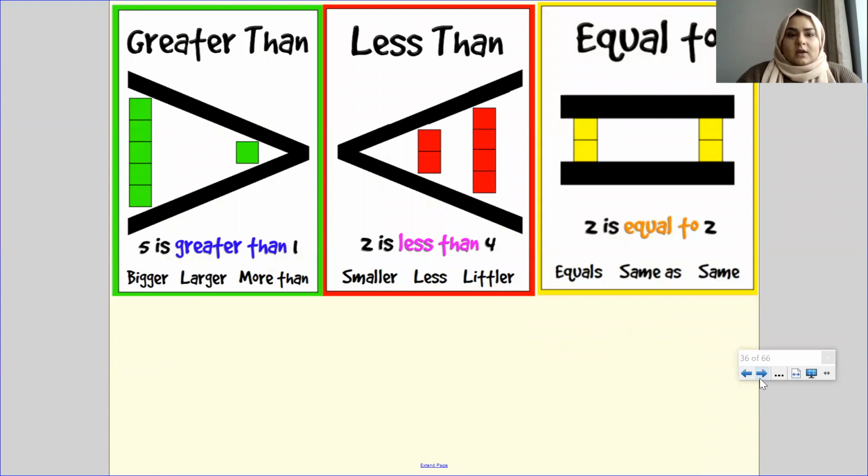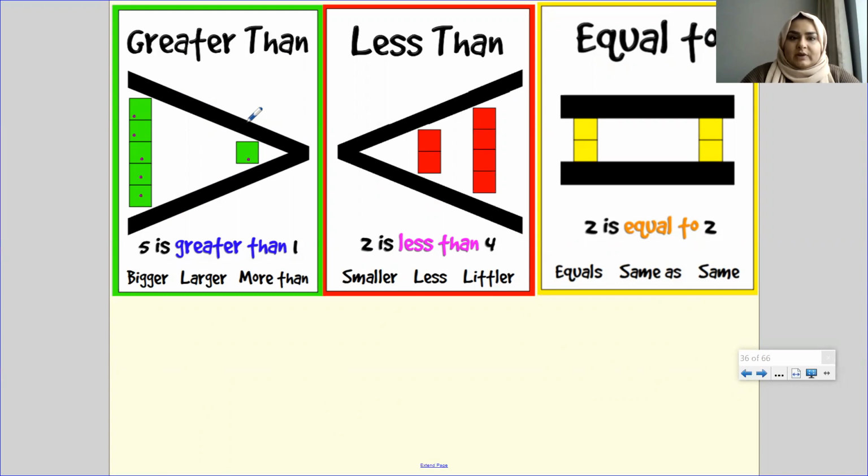Now, this means greater than, and this means less than. Okay, so 5 is greater than 1. So if you look at this symbol, you've got the 1 on the smaller end, which is the pointy end.